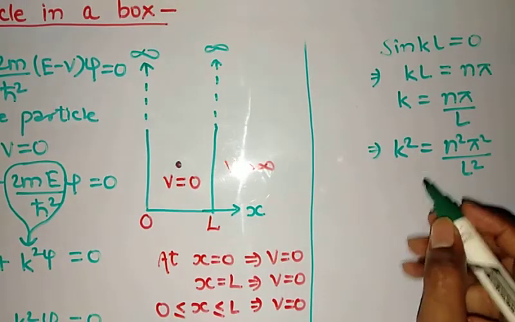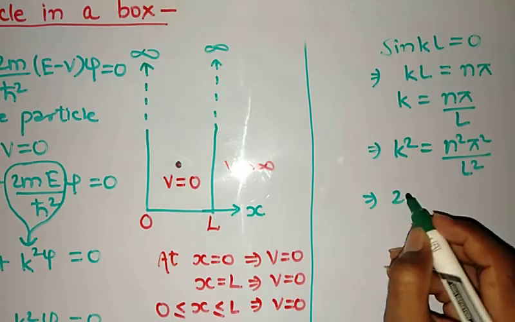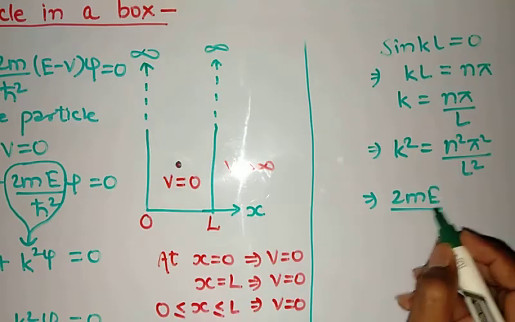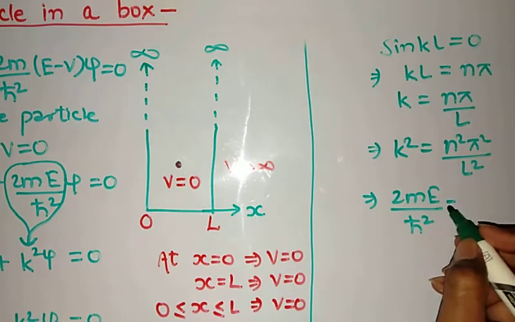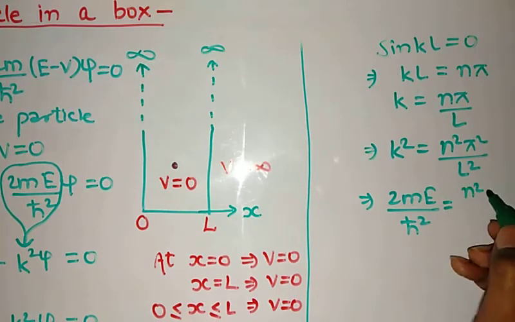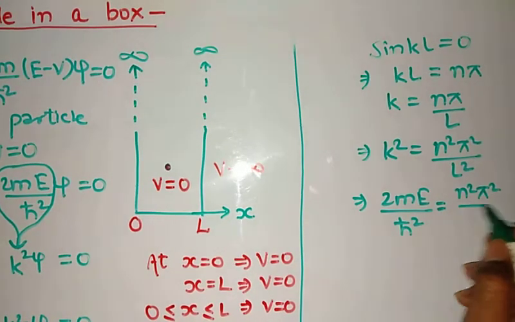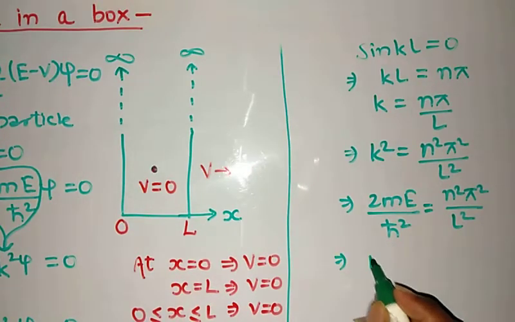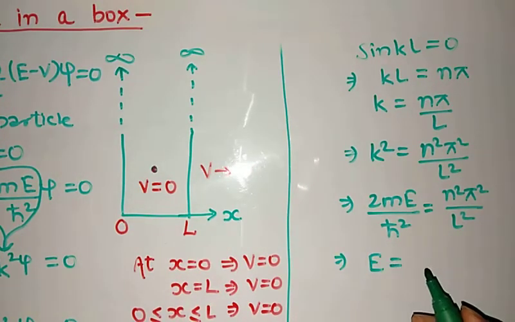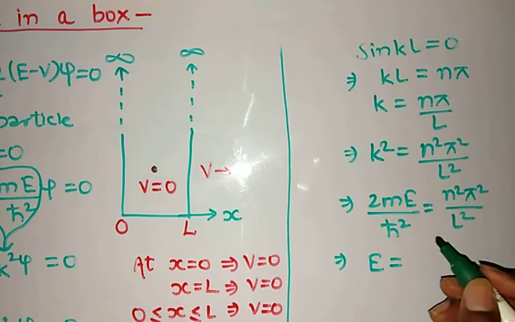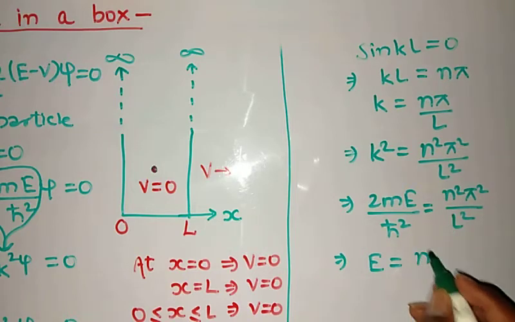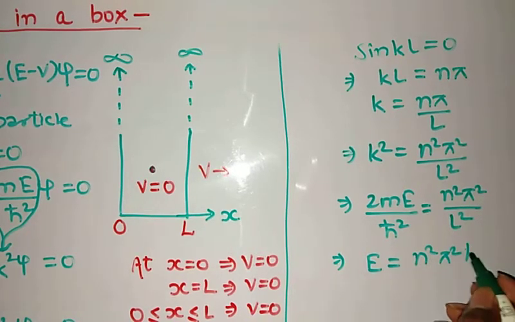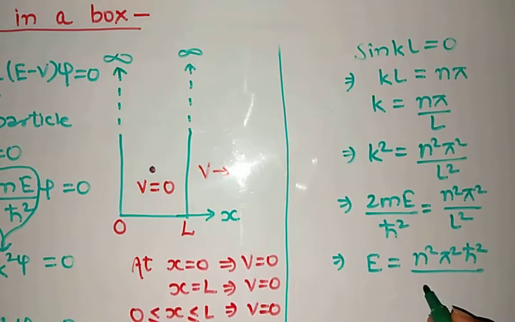and the value of k square is 2mE upon h cut square is equal to n square pi square upon L square, and we get the value of E, which is energy, total energy, n square pi square h cut square upon 2m L square.